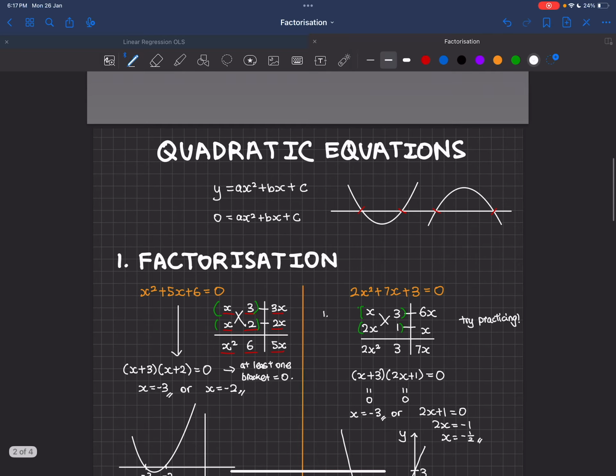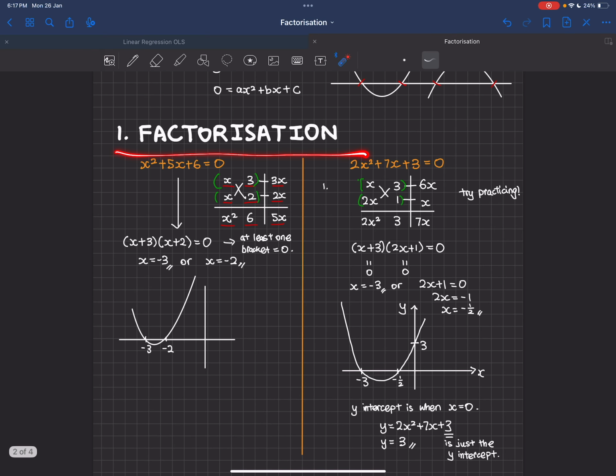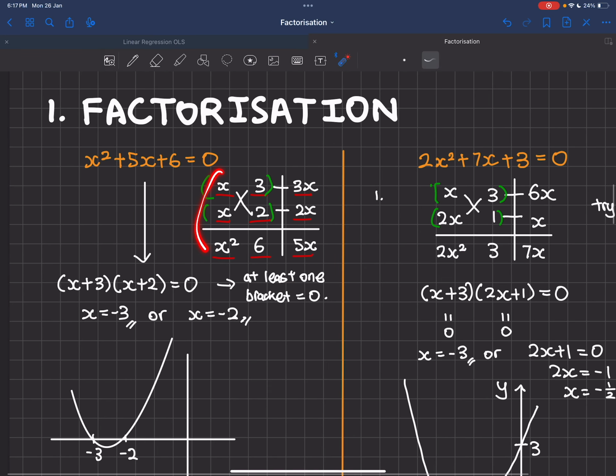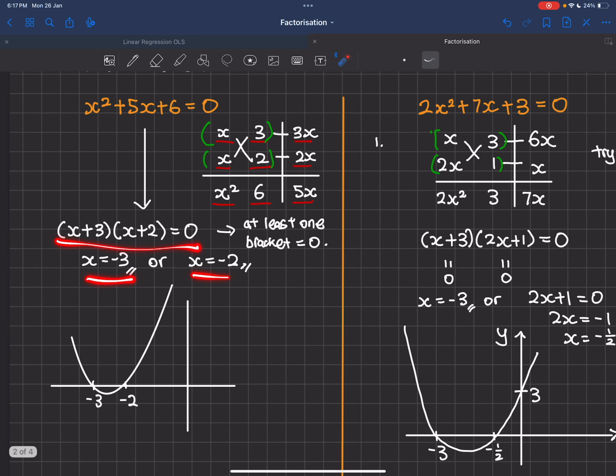Once again, we have our general form of ABC. We want to solve it to 0, making it the x-intercepts. First method, factorize. We have the table. This times this is that. This times this is that. This plus this is that. Cross, horizontal. Find two things and solve. Equate it to 0. Solve for the two that will give the bracket equal to 0 and graph it.